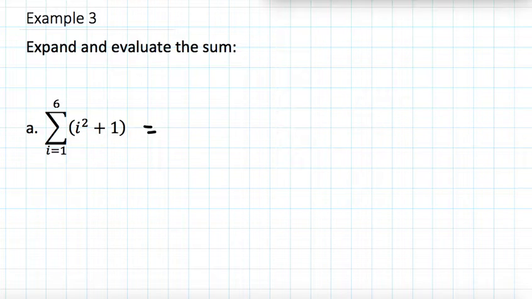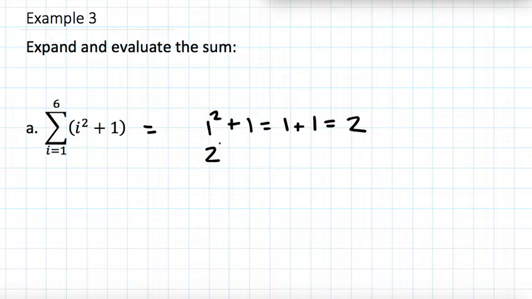So I'm going to start with plugging in 1. 1 squared plus 1. 1 squared is 1. 1 plus 1 is 2. Next, I'm going to plug in 2. So plugging into the formula, i squared plus 1 is 2 squared plus 1, which is 4 plus 1, which is 5.